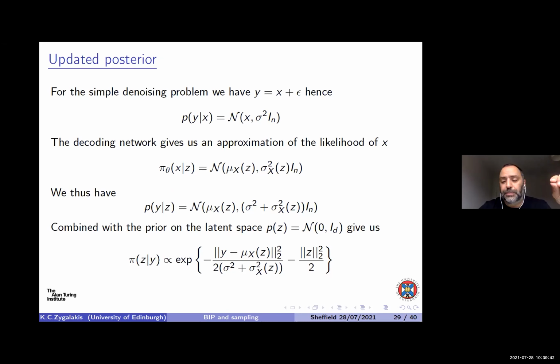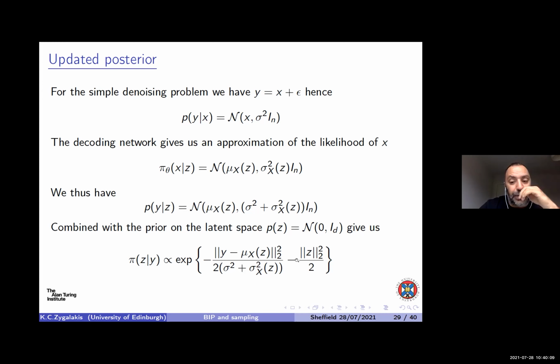So going back to the point of reducing the dimensionality, X, remember, is in a high dimension, Z is in a lower dimension. So if we're just to look at a simple denoising problem, I've taken the matrix A to be identity, and using the decoding network, we can write down basically the posterior on the latent space.